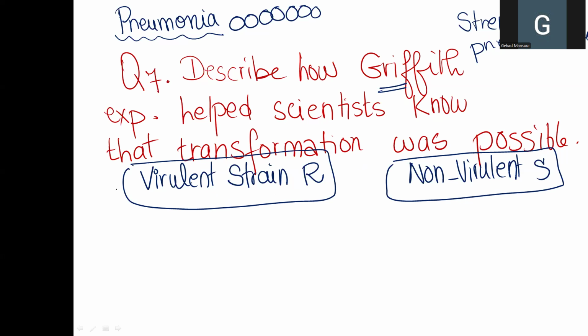So the virulent strain means what? If you inject live virulent strain into a mouse, then the mouse will have severe pneumonia and the mouse will die. But if you inject live non-virulent strains, the mouse will get sick but will not die. So this is the main difference between virulent strains and non-virulent strains.